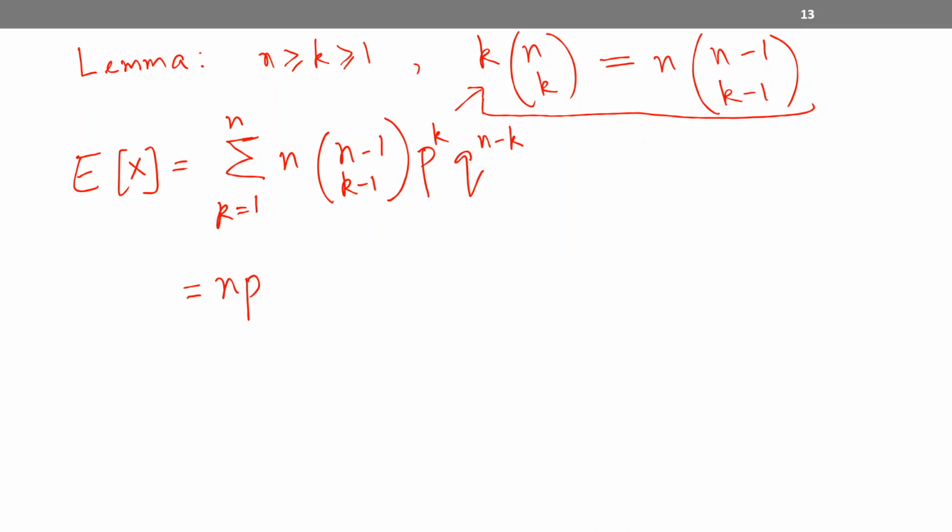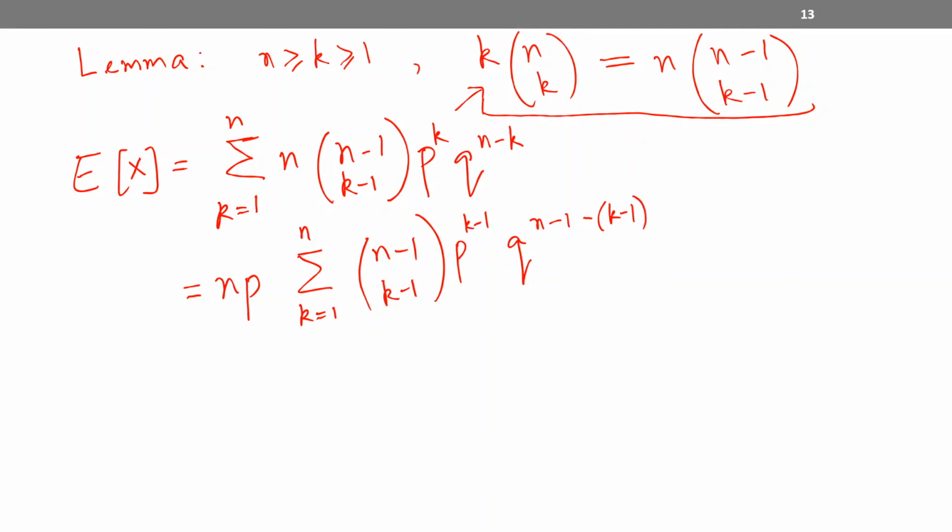So I'll simplify this further: k equals 1 up to n, this stays as it is, and this stays p^(k minus 1), because one p came out. And then here I'm writing it in a slightly different way, although it is the same thing. It's essentially subtracting 1 from each.